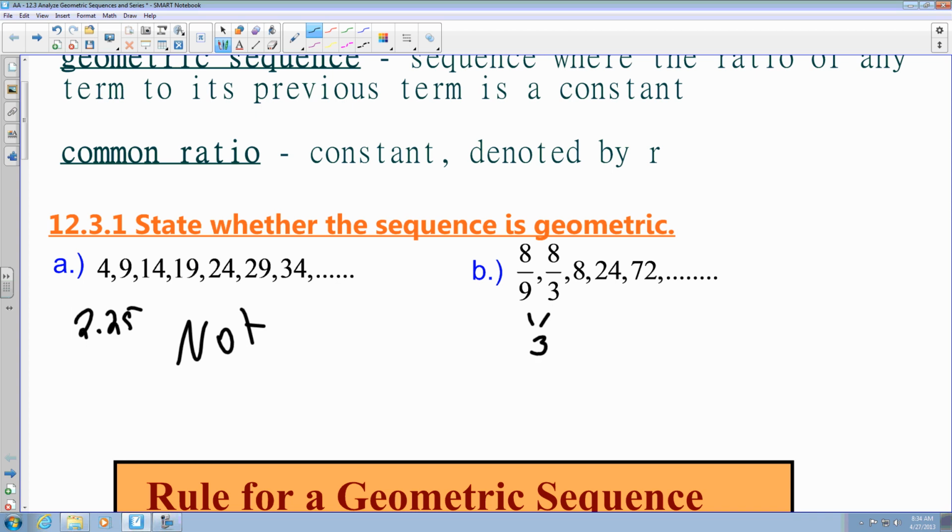If I take 8 and divide it by 8/3, I get 3. 24 divided by 8 is 3. Yes, that's true. And if I take 27 and divide it by 3, I get 24. Yes, I will. So this is a geometric sequence, and the common ratio, which is denoted by r in this case, will be 3.